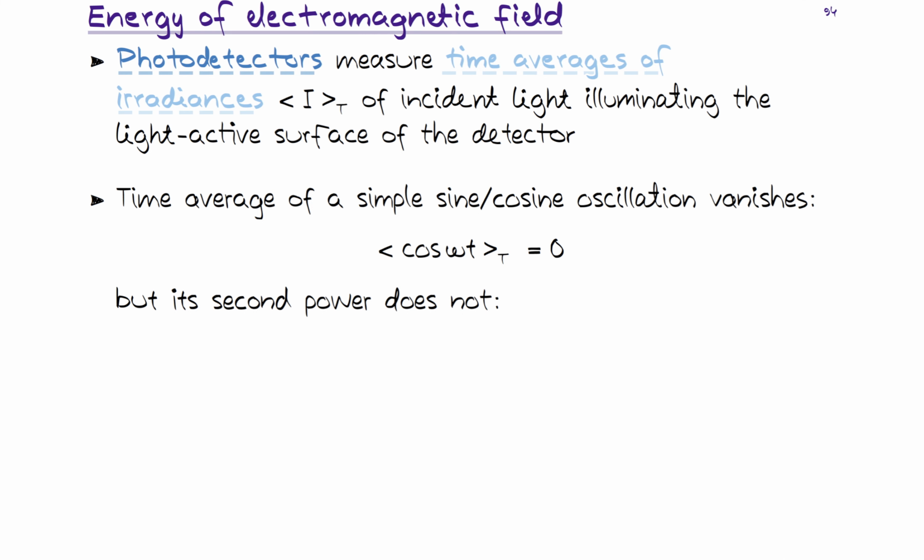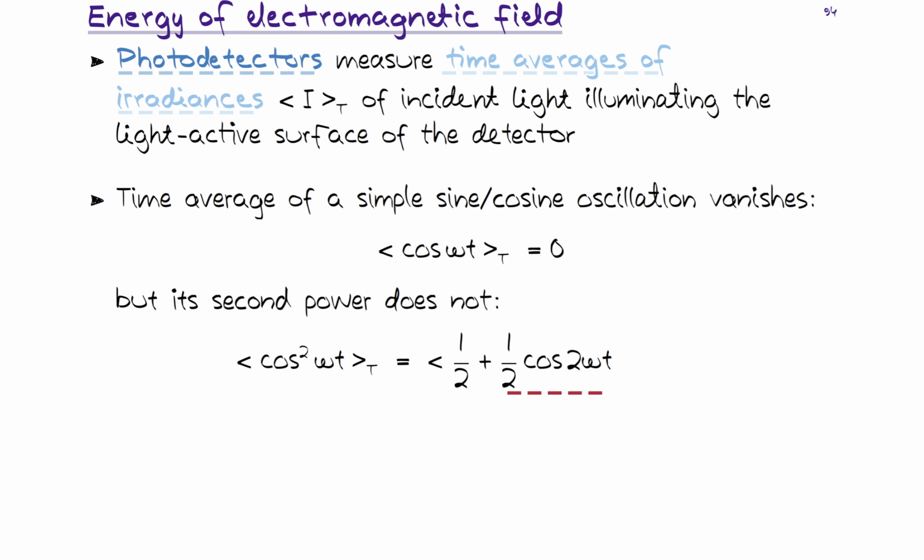But the second power of cosine does not vanish anymore. And this is quite nice. So in terms of irradiances, in terms of the Poynting vector, we have the cosine squared temporal dependence, and now we can rewrite this cosine squared into a form where we have 1 over 2, and we have 1 over 2 times the cosine of 2 omega t term here.